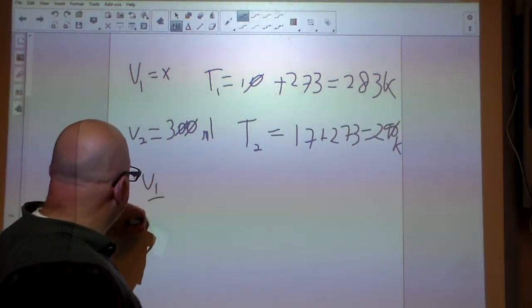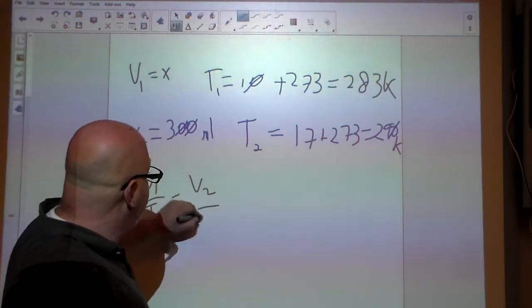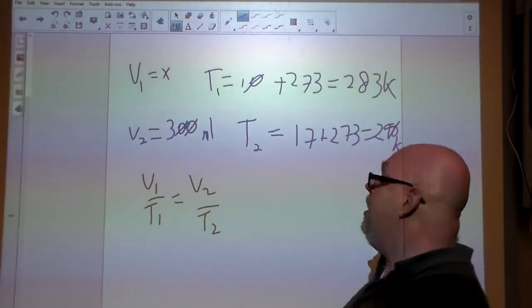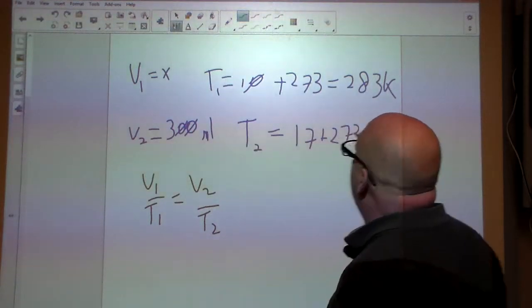So here's V1 over T1 is equal to V2 over T2. This is Charles' law. Remember, pressure's the same, so you don't have to worry about it. Okay.